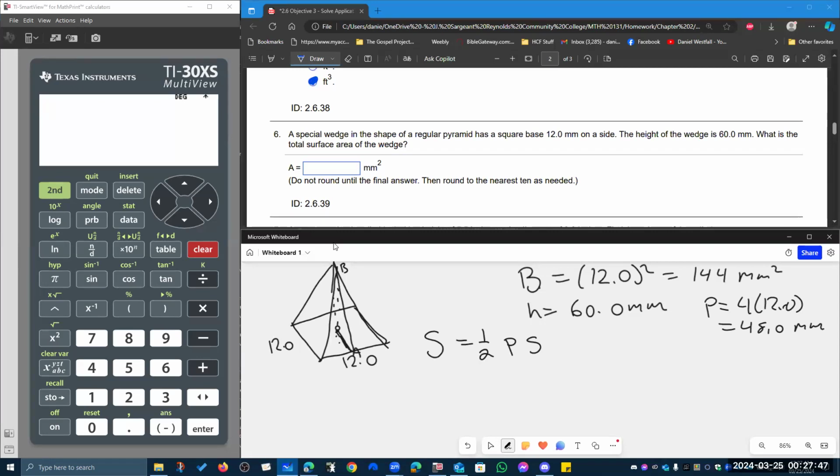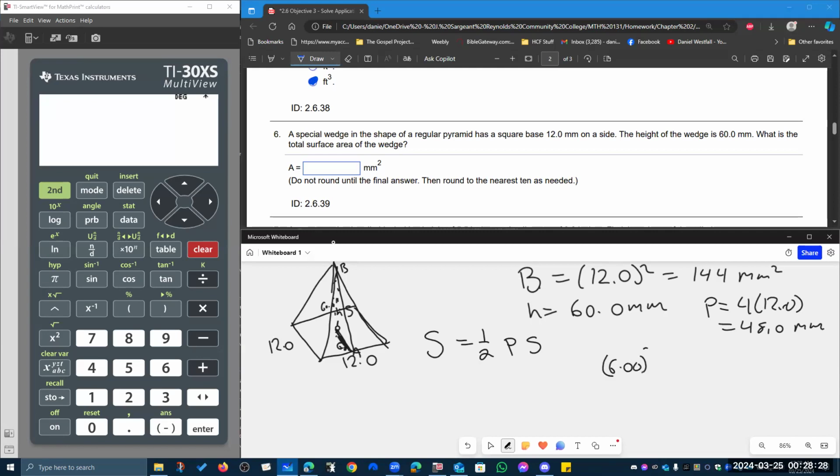This side here that's dashed is going to be my height, and this slanted side here, my slant height S, I'm going to find with the Pythagorean theorem, knowing that this distance here is half of this side, so that's 6. My height was 60.0, and this is 6.0, but I'm going to call that 6.00, so it's 3 significant figures, just like my sides were.